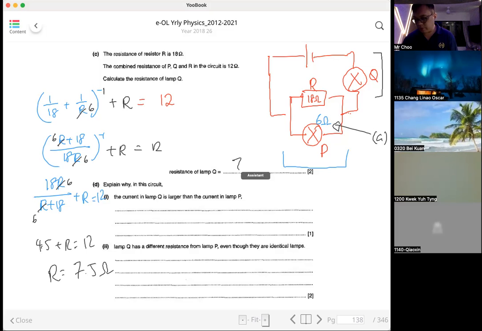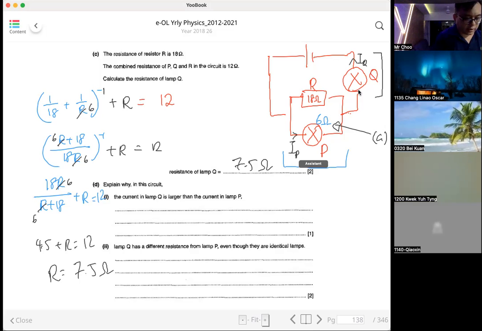Okay, so the answer for this is 7.5 ohm, because the resistance of P is 6 ohm as calculated in part A. Clear? Now, why is the current flowing through Q, IQ, greater than the current flowing through P, IP? Okay, let me explain to you, and then we'll end the class shortly.